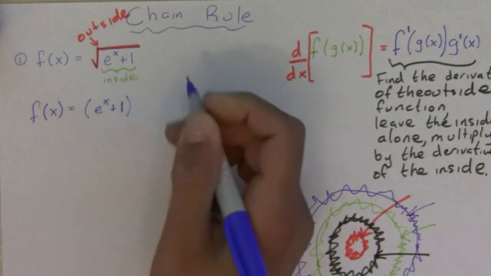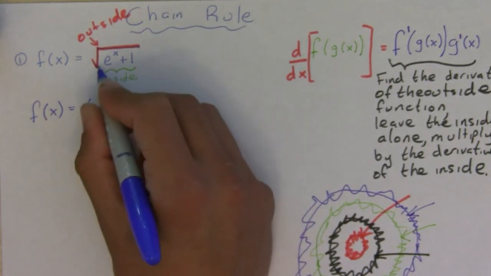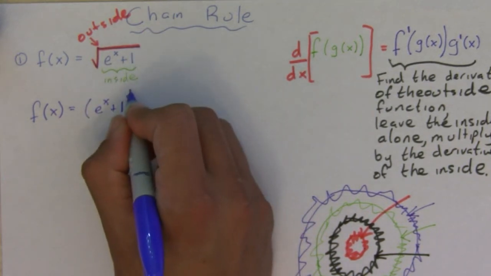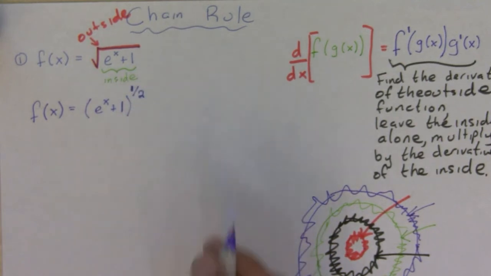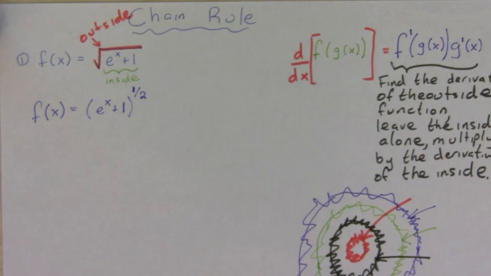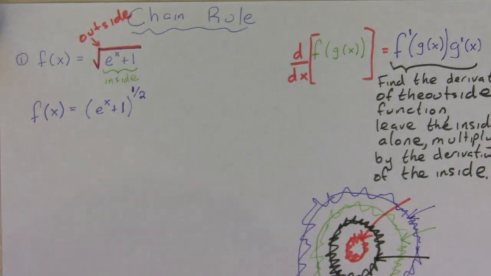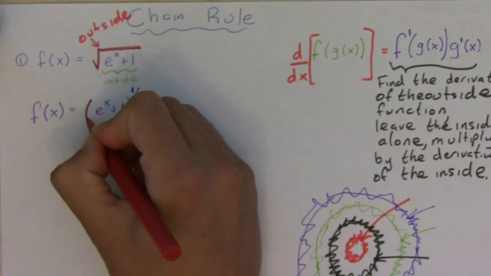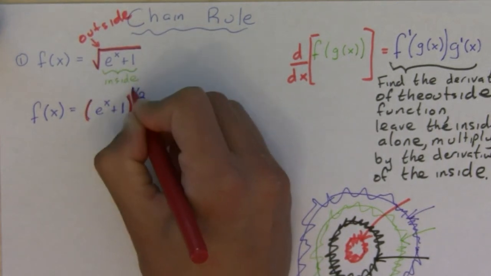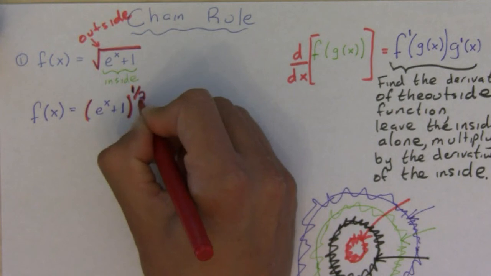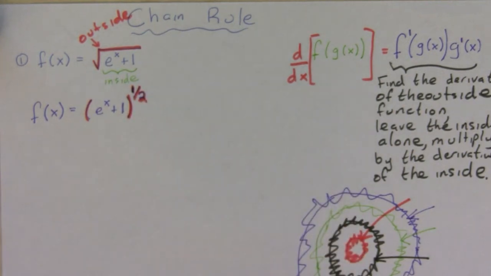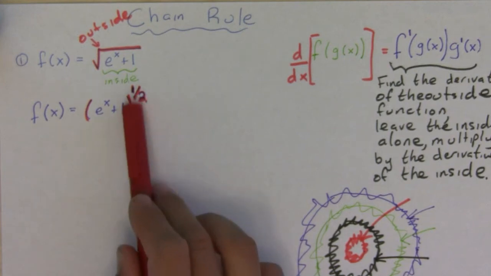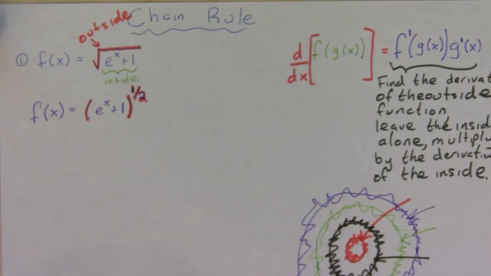So instead of the square root of e to the x plus 1, we're going to write it as e to the x plus 1 all raised to the 1/2. Notice my outside function here is this function that's being raised to the 1/2. And remember that when I have a function being raised to a power, I can use the power rule.